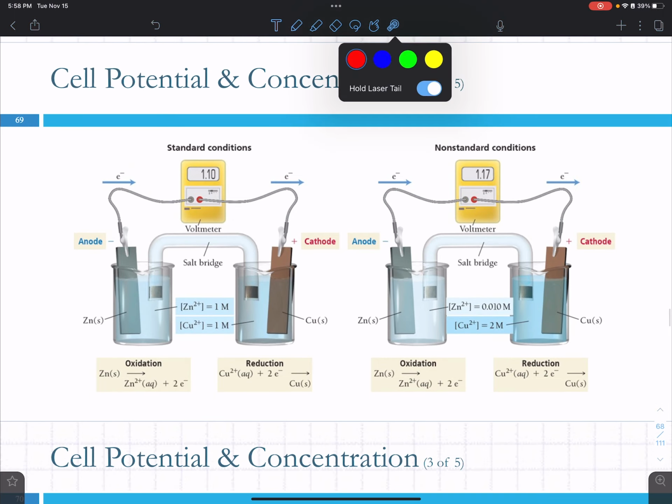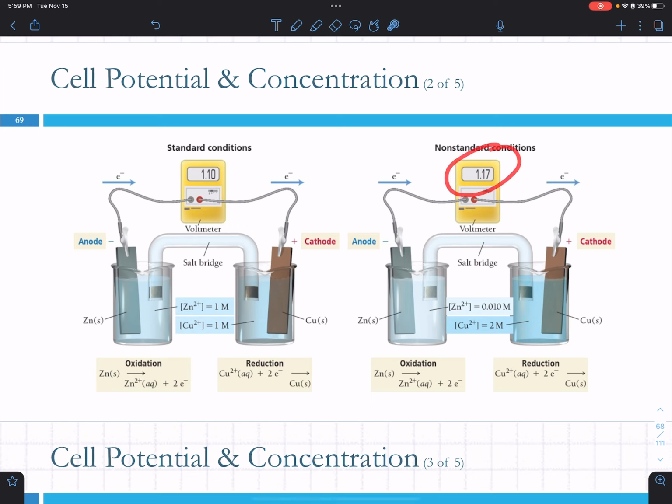As those concentrations change, over time your voltage will drop, but here we can actually increase the voltage by having a higher concentration on one side and lower concentration on the other. So we're skewing the equilibrium, or getting farther away from equilibrium.